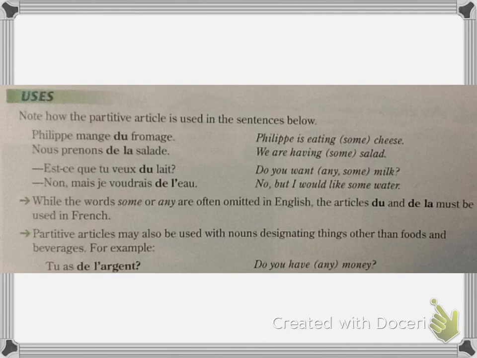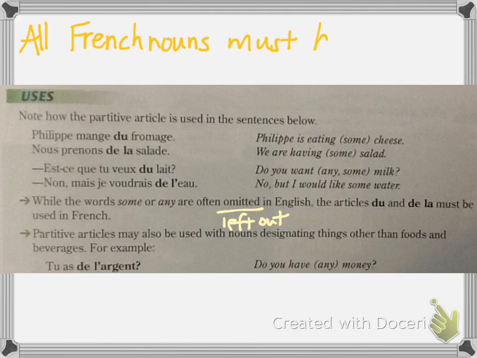While the words some or any are often omitted, that means left out, in English, the articles du and de la must be used in French. So just like we've seen before, all French nouns must have an article of some sort.